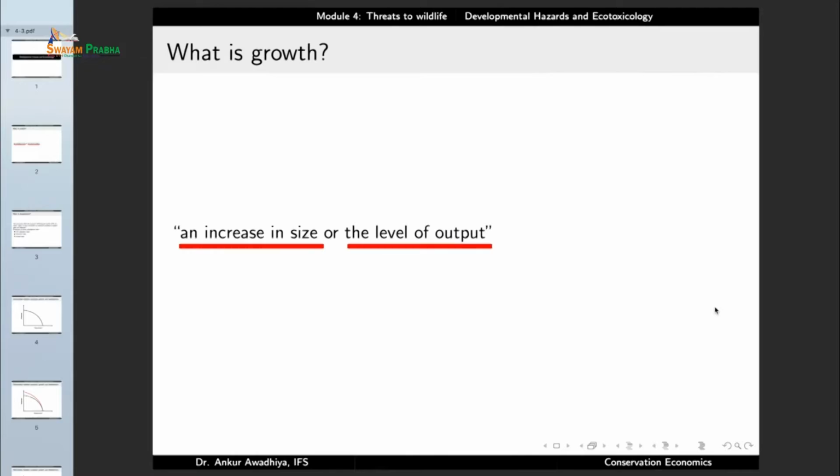In this case, the level of output of the industry has increased, and so we will say that the industry is showing a growth. And if a number of such industries show a growth, we will say that the automobile sector is showing a growth. So growth is an increase in the size of something or increase in the level of output of something.